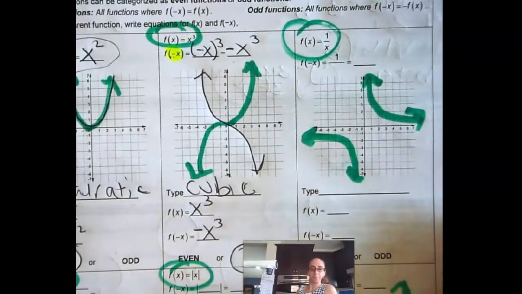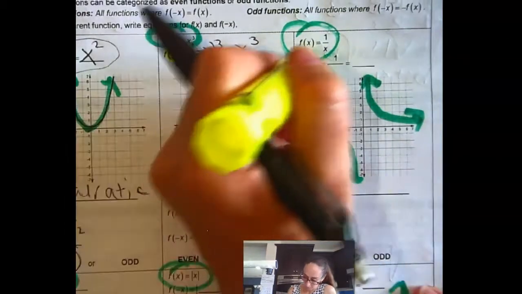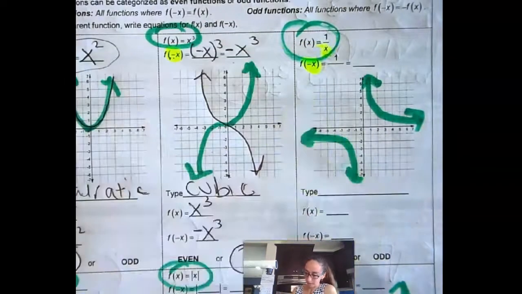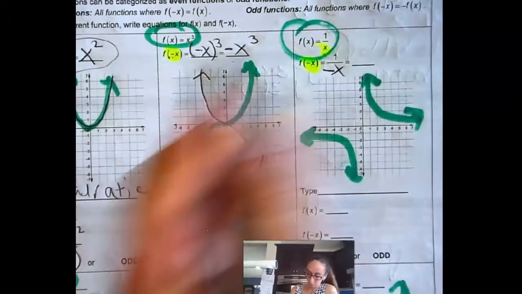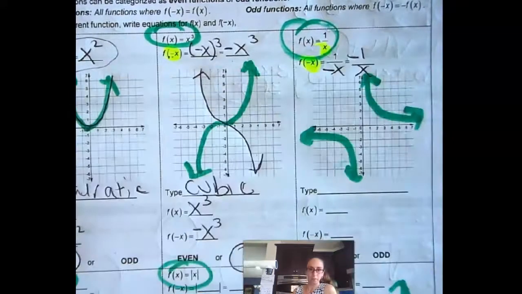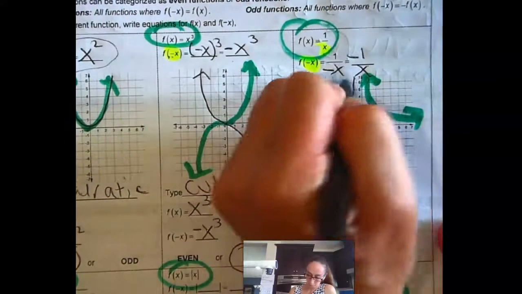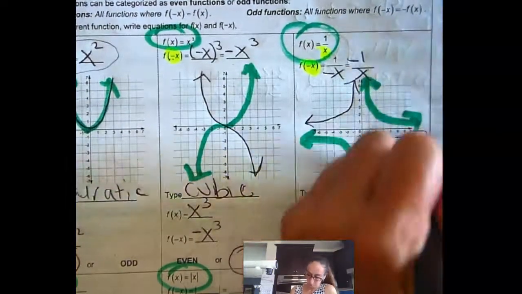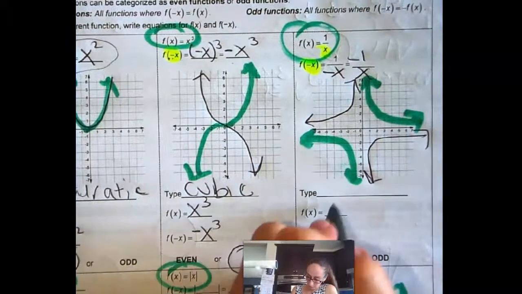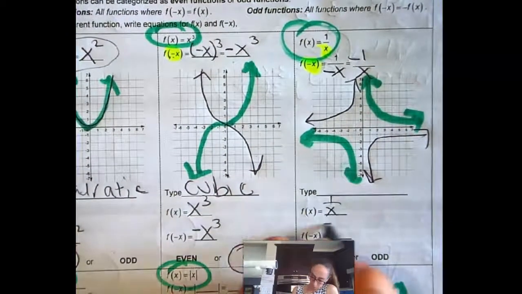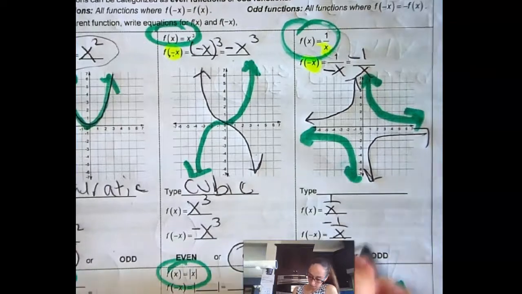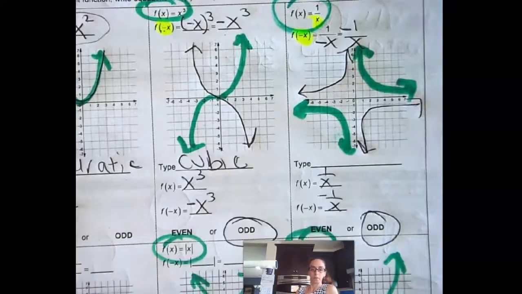Okay? If I do this one, and I plug in negative right to here, that's negative x, which is negative 1 over x. Which means now, instead of it being here, it's there. When I plugged in the original, it was this. When I plugged in negative x, it was this. So it's odd. Okay? All right.